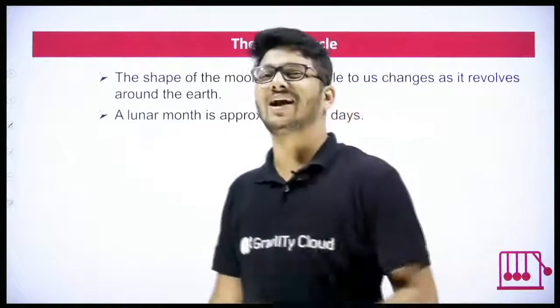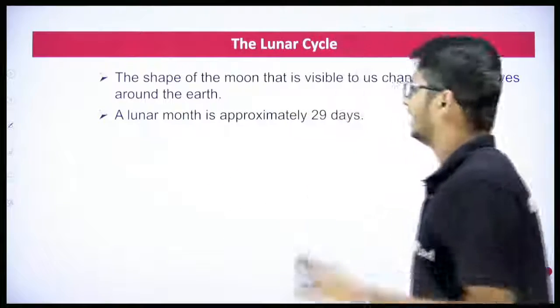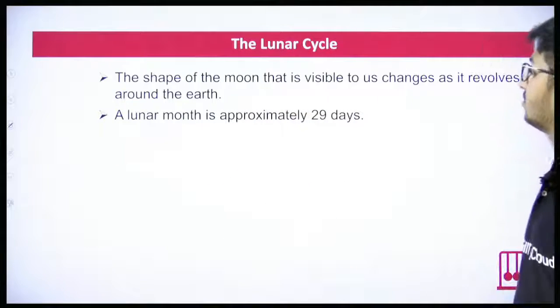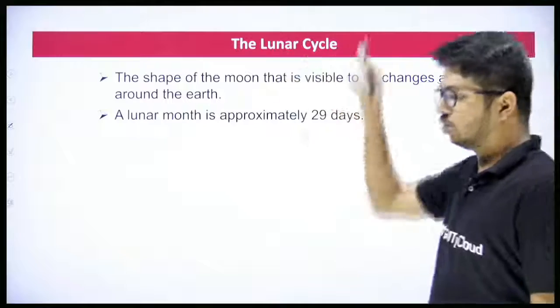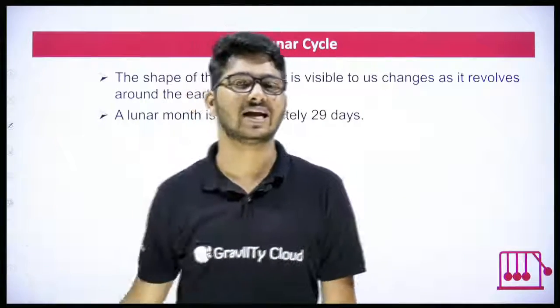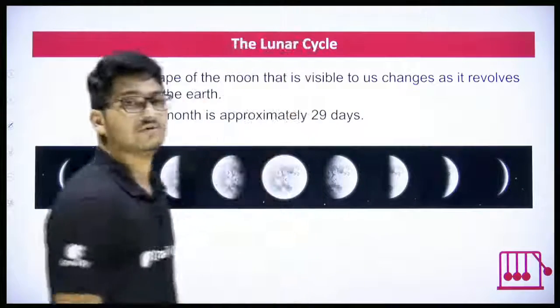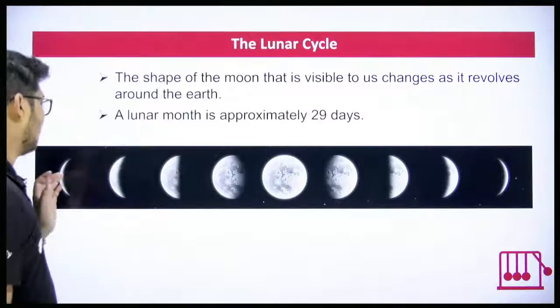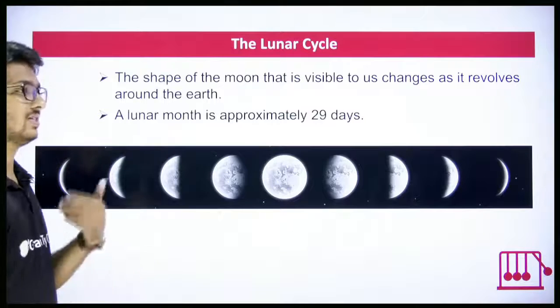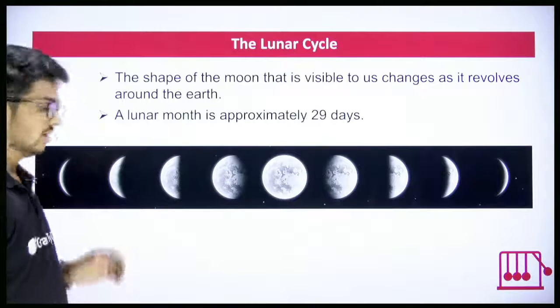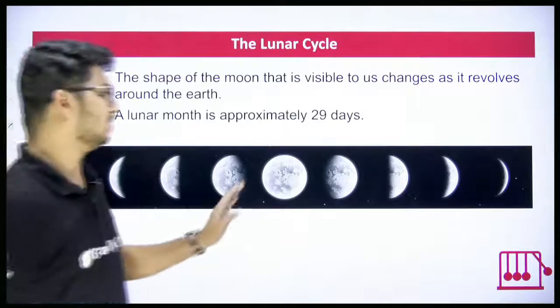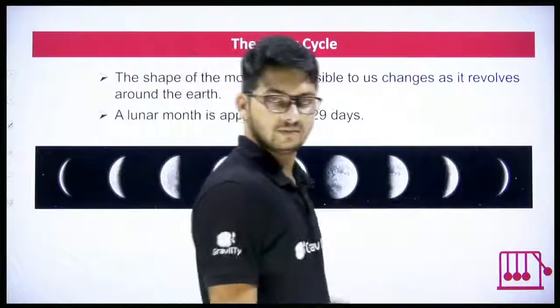Then only days? No, we had other natural examples also. That is the lunar cycle. Lunar refers to the moon, solar refers to the sun. And what is the speciality of the moon? If you look at the image, the shape of the moon that is visible to us keeps on changing.